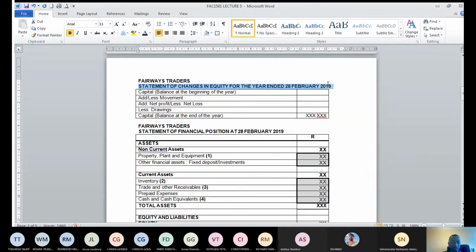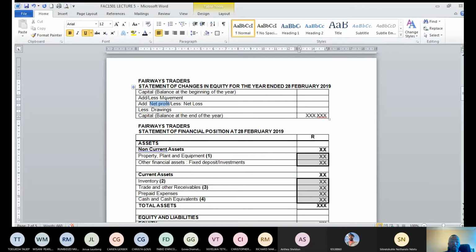The statement of changes in equity focuses only on what has happened to the capital. So we want to know what is the value of capital at the beginning of the year. Add or subtract a movement. I will explain a movement to you now.